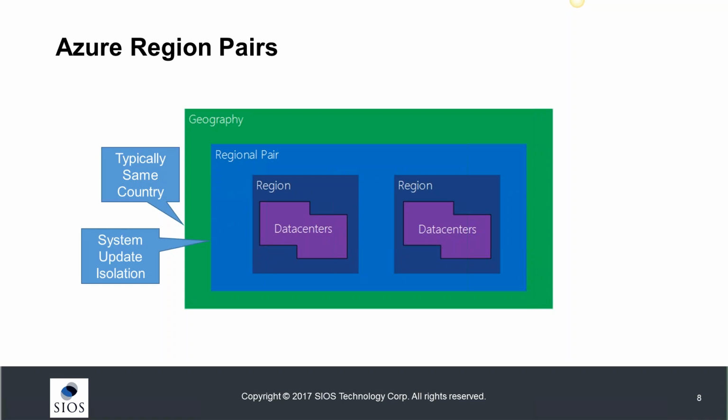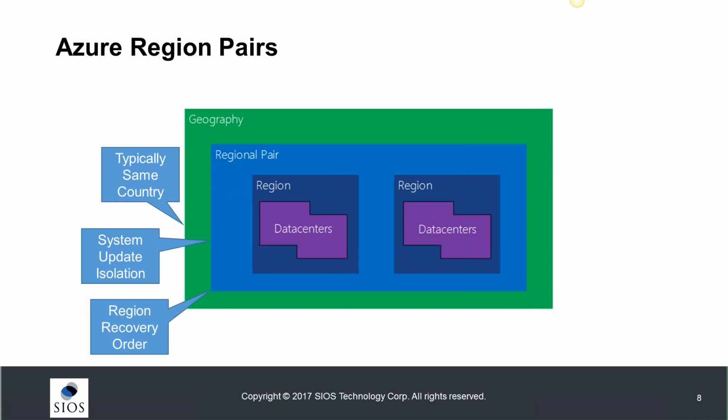What happens in a region pair is system update isolation, which means that if Microsoft is doing any sort of system update, it will only update one region in your pair at a time. It's going to make sure that the update goes smoothly before it rolls that update to the other region in your pair. So that will hopefully isolate you from any of those user errors that we talked about earlier.